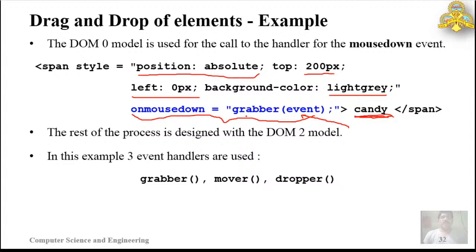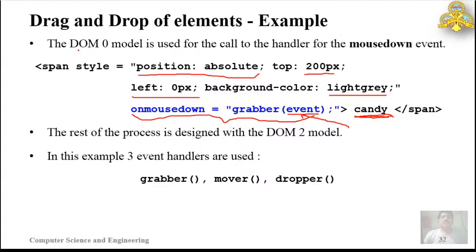Here is grabber, or any name you can give, but it takes one JavaScript object, that is event. We already studied event handling in Java programming and exception handling, etc. Here event is a JavaScript object which represents an event that has occurred in the computer. So this is the DOM0 model.